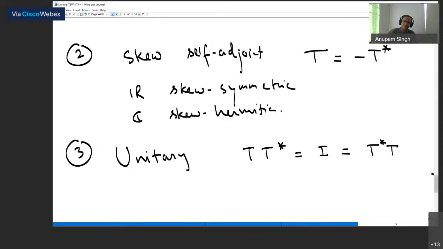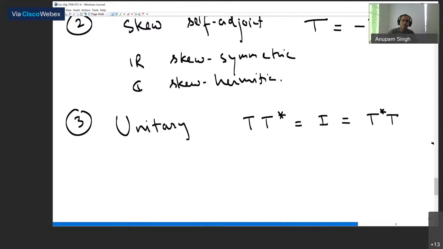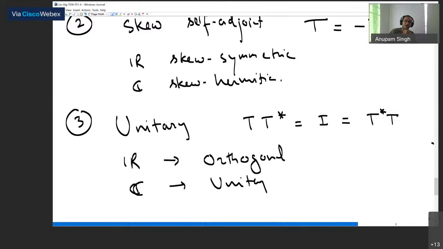If you follow the notation I defined yesterday, in the real case these are what you call orthogonal matrices or orthogonal transformations. In the complex case, I called it unitary. However, here you can together call them unitary if you're just working with an inner product space.